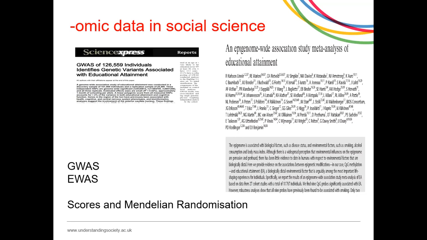And then there's also newer work looking at epigenome-wide associations of things like educational attainment, trying to understand what biology is being uncovered by these epigenome-wide approaches to social science variables.